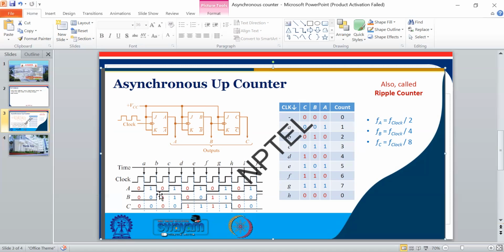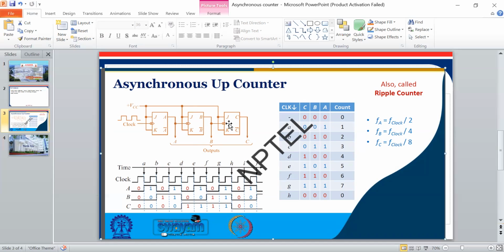So the output B is toggling from 1 to 0. Again, at instant F, A is having its negative edge. So output B is toggling from 0 to 1. So in this way, for flip-flop B, its clock is the signal A. So at negative edge of signal A, output B will toggle.